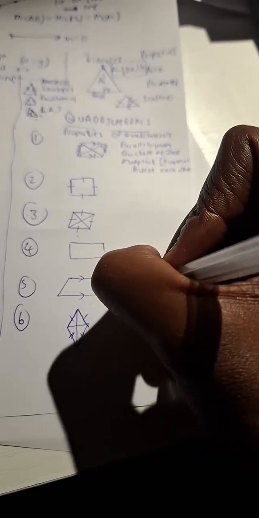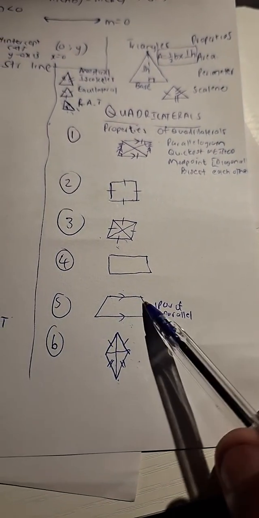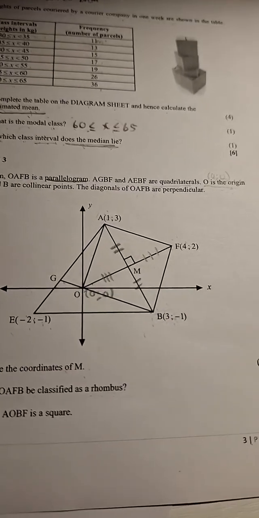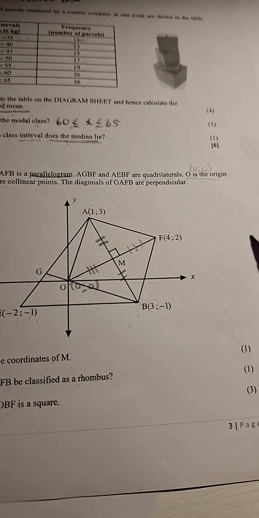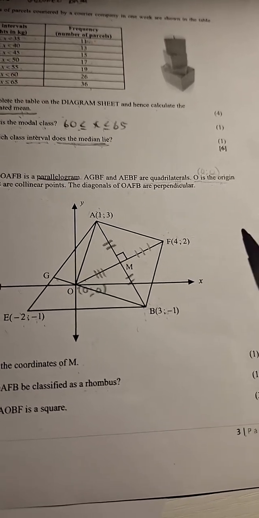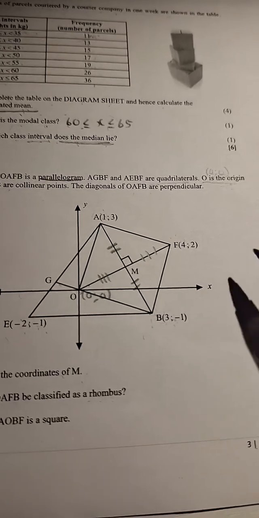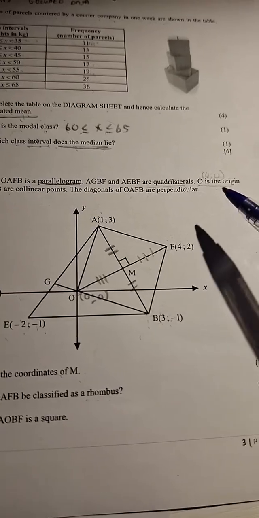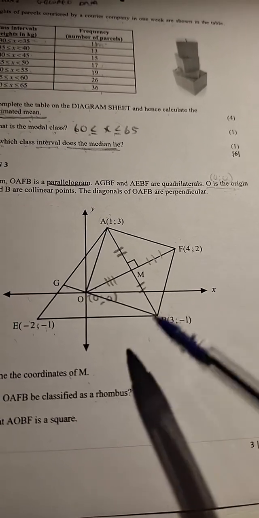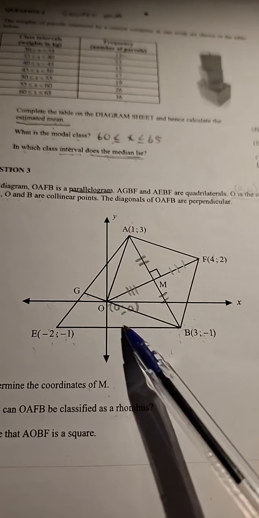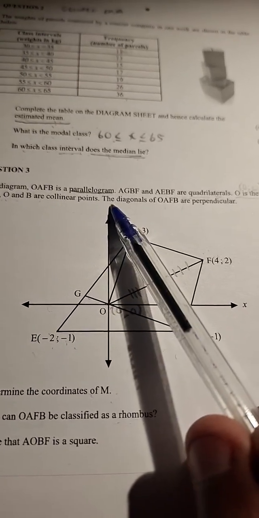So what analytical method will you use to prove a pair of parallel sides? You're going to check gradient. Now, the question is, when you look at this shape, which potential gradients will you be looking at? Which lines of AGBF are you going to plug straight into your calculator and calculate the gradient of? Remember they said in this statement that G, O, and B are collinear.